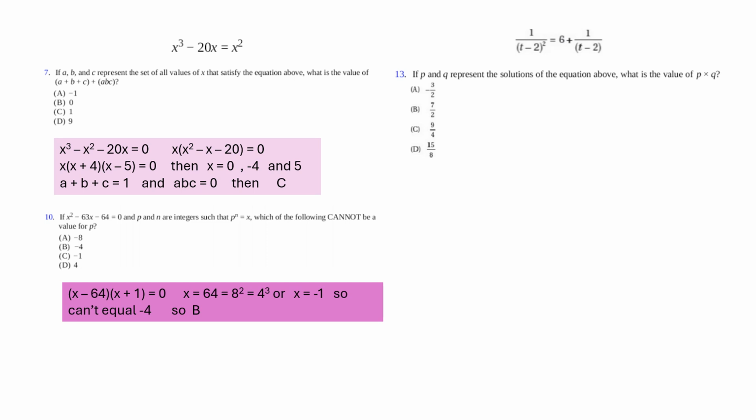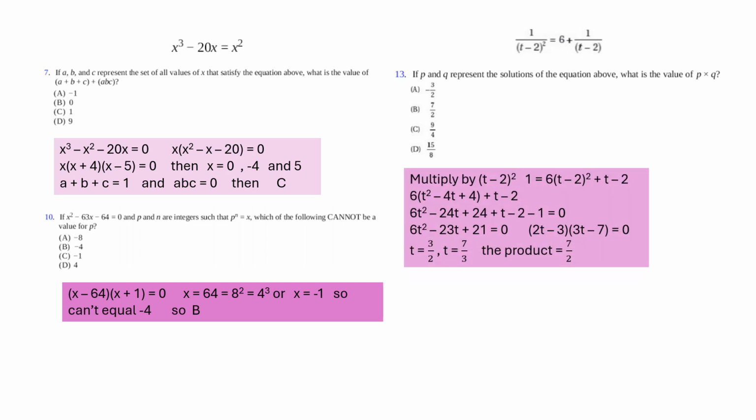In this equation also, (1 over t minus 2) squared equals 6 plus 1 over t minus 2. If V and Q represent the solutions of the equation above, what is the value of V times Q? After you solve it, try to get their multiplication. Multiply by (t minus 2) squared for both sides. So the left-hand side is 1, equals 6 times (t minus 2) squared plus (t minus 2).